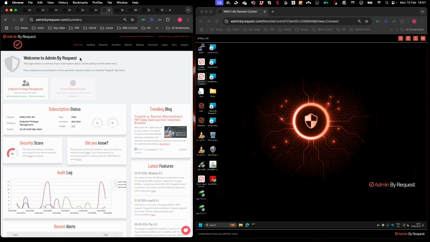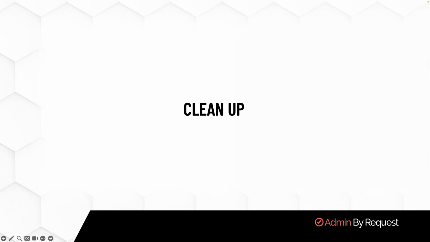So that is the selective gradual revoke, and we have one more scenario, which is the cleanup, and we'll move on to that right now. Okay, so we've done the emergency global revoke and the selective gradual revoke.